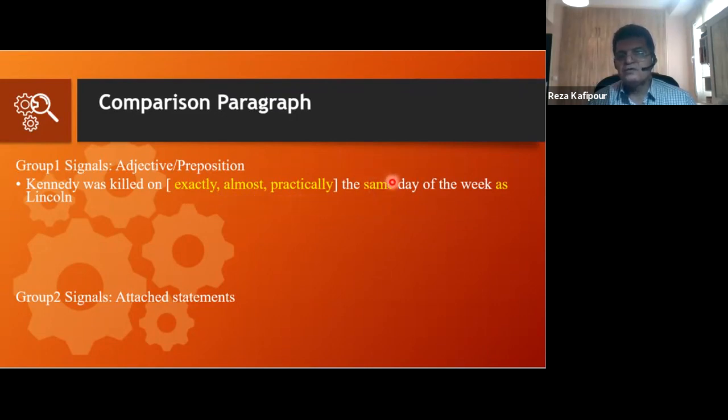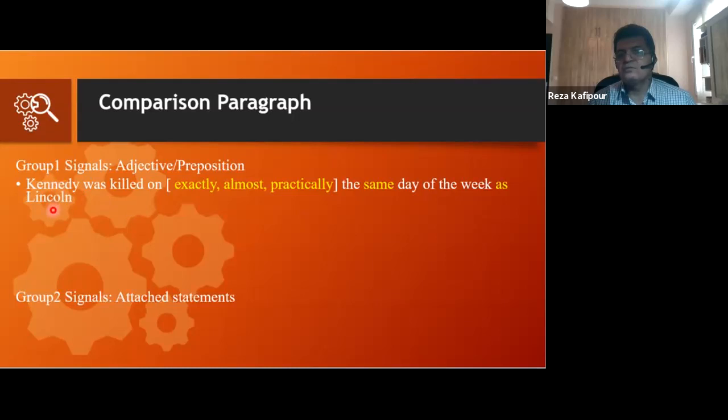Then we use same as the adjective and as a preposition.